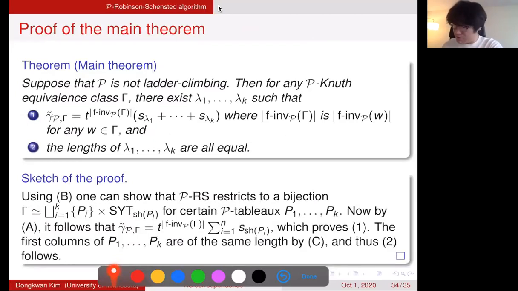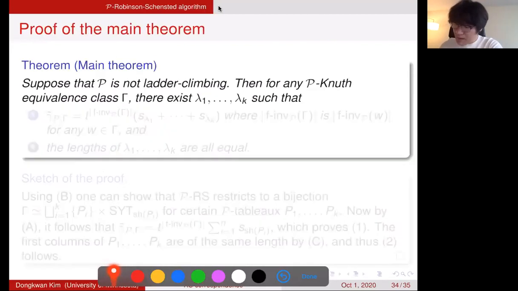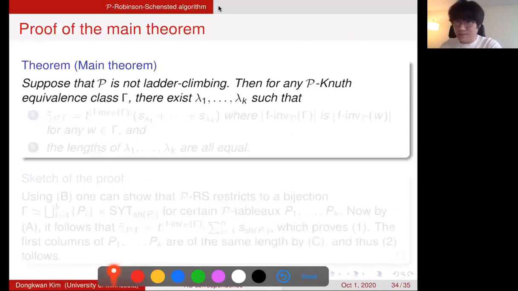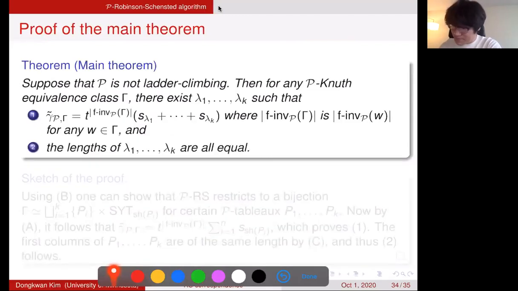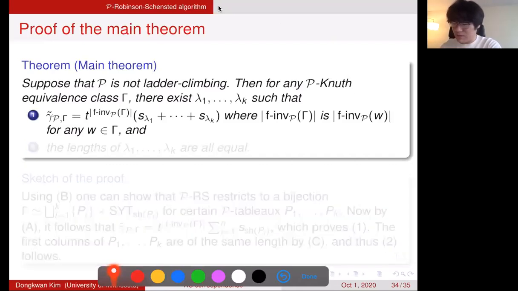But if you know this theorem for P Robinson-Schensted, then you can easily prove the main theorem, because the second part is basically from C, and for this one you may just use this one.